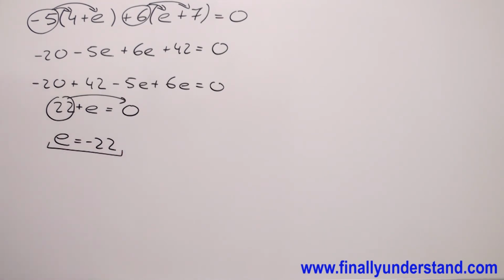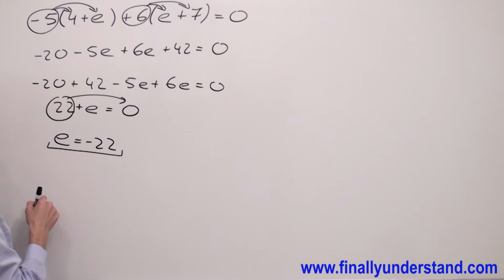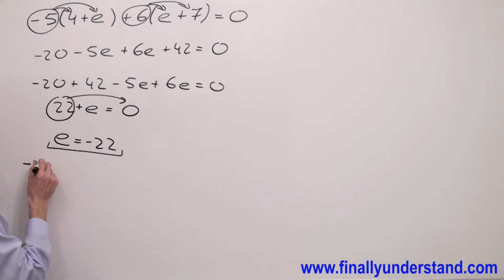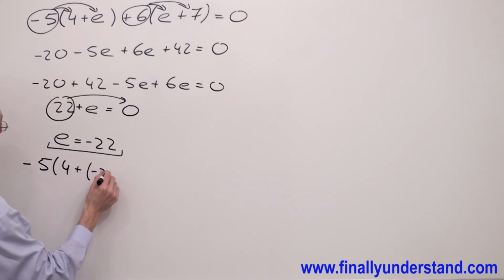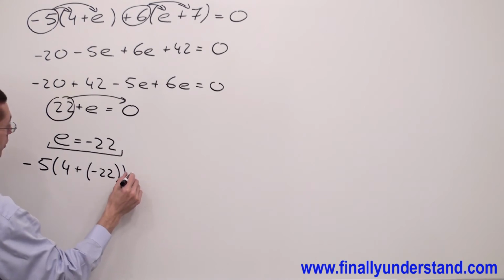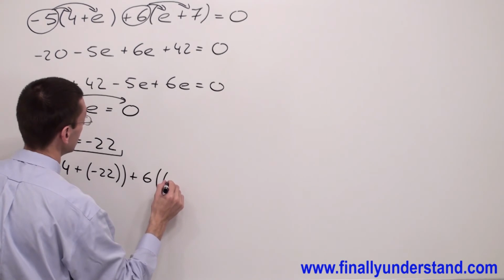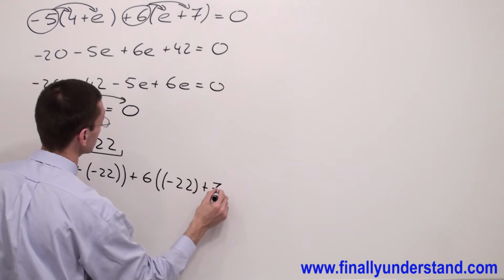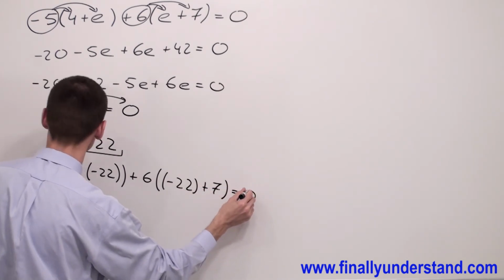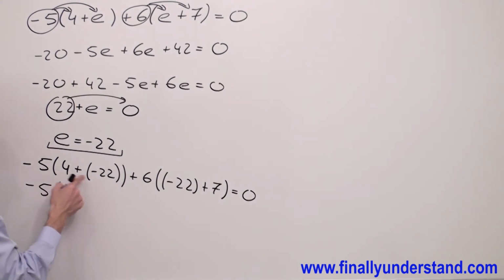In order to verify the answer, we're supposed to replace every e in the original equation by -22. That's why I'm going to have -5, open parenthesis, 4 plus -22, close parenthesis, plus 6, open parenthesis, -22 plus 7 equals 0. -5, we have to do the operation first inside of the parenthesis.